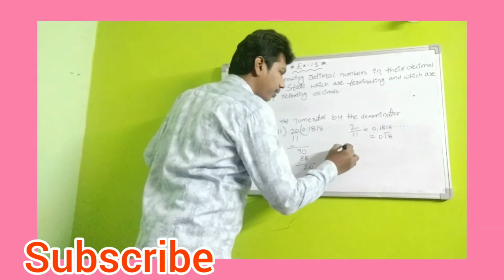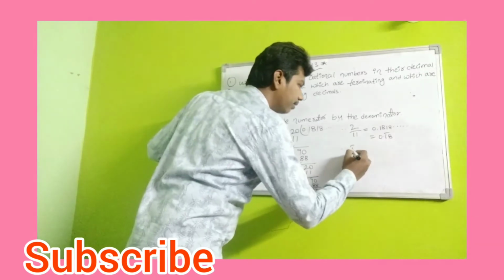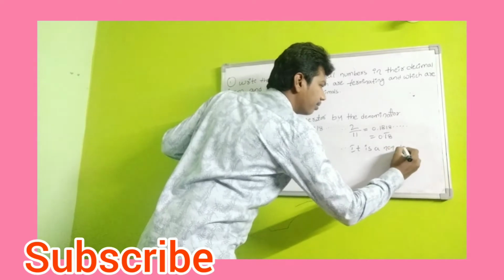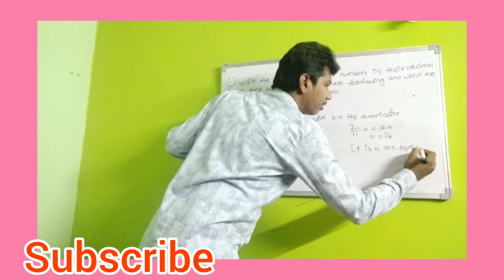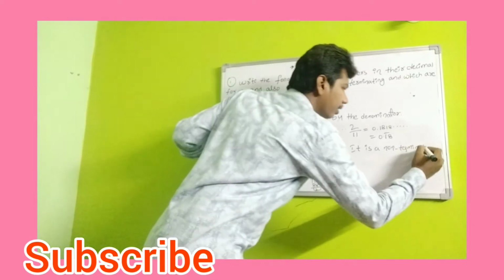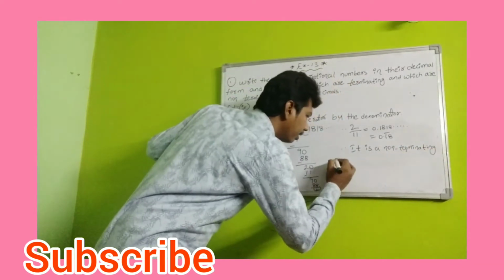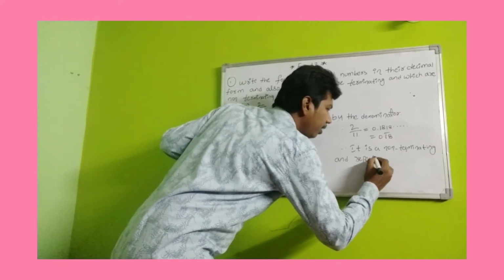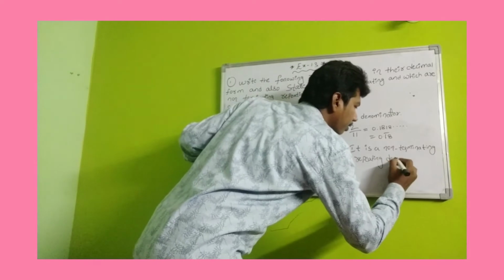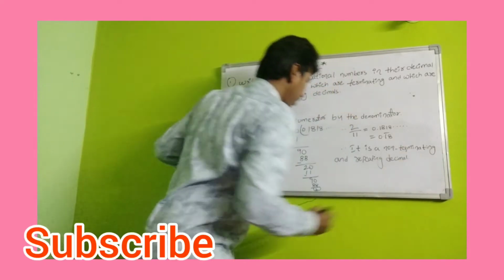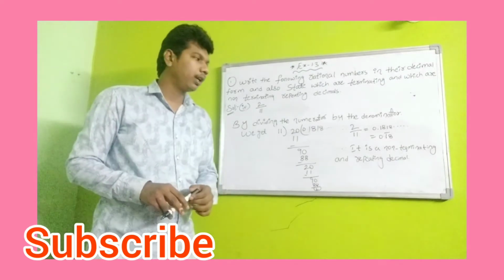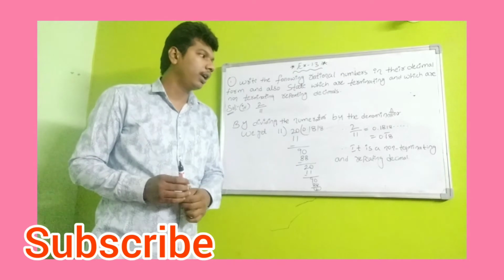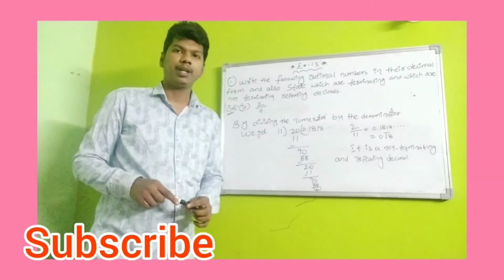Okay, therefore we can write, since it is a non-terminating and repeating decimal, students. Here if division is not completed, it means the given number is non-terminating and this number is repeating. Therefore, it is a non-terminating and repeating decimal, students.